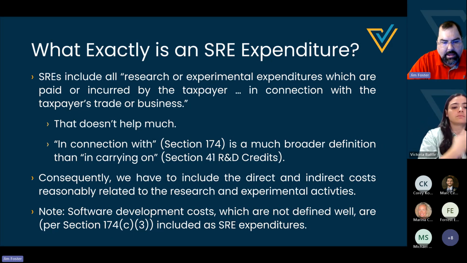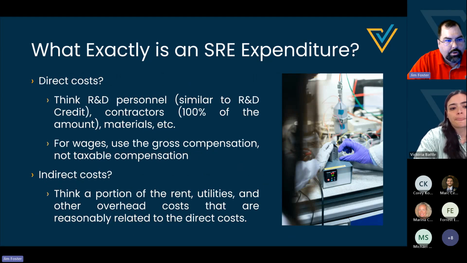And with software development, we have a little guidance from the Treasury Department, but it's not very good. So, direct costs, think R&D personnel, contractors, materials, etc. Very similar to the R&D credit. Contractors, there is no haircut on them, though. You're including 100% of the amount. For wages, you're using the gross compensation, not the taxable compensation.